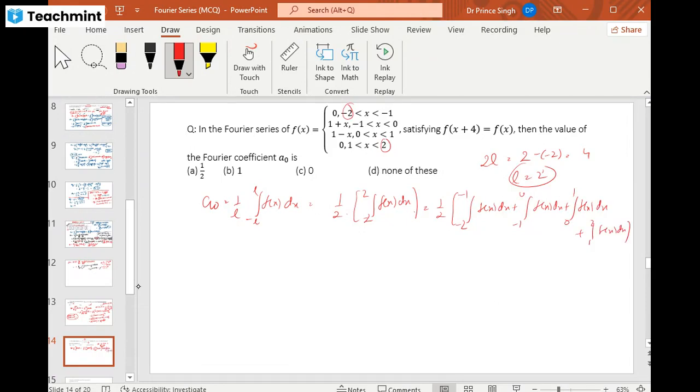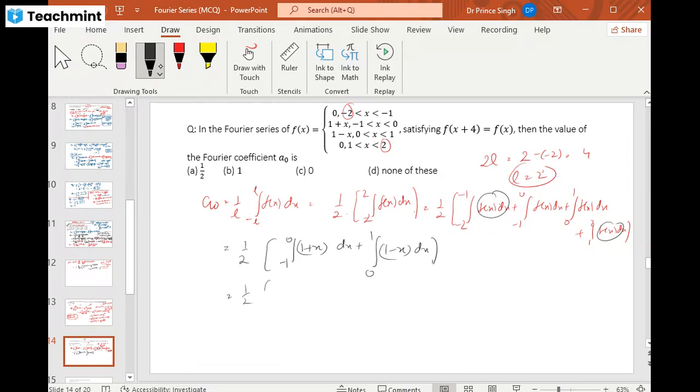So here we find that in the interval minus 2 to minus 1, its value is 0, and in the interval 1 to 2, its value is also 0. So we are left with only these two parts. So this is 1 upon 2, minus 1 to 0. The function is 1 plus x, and in the interval 0 to 1, its value is 1 minus x dx.